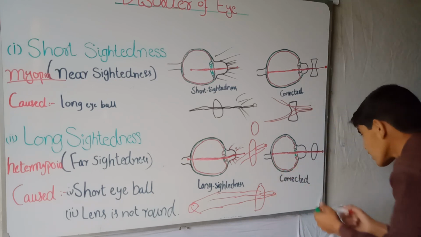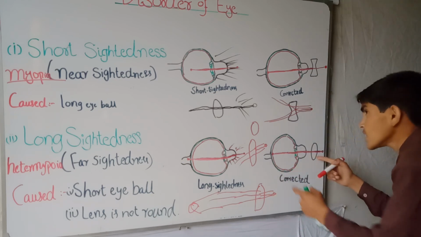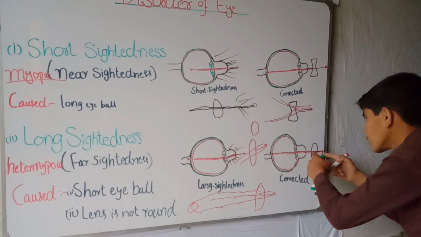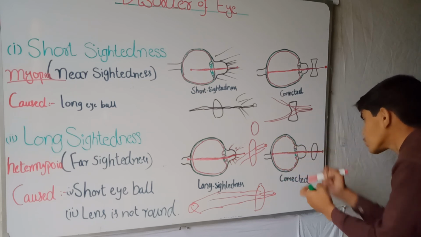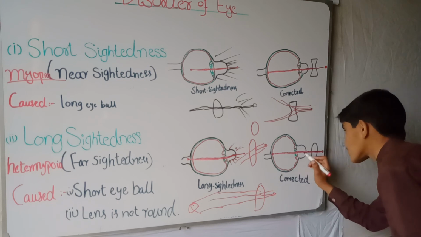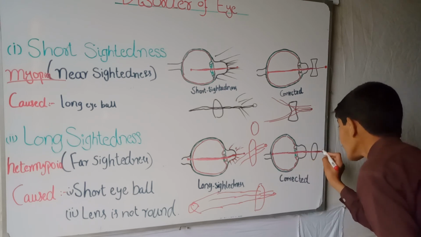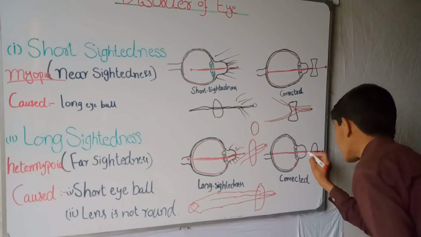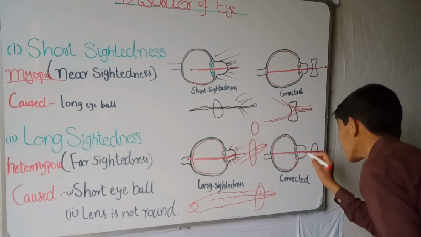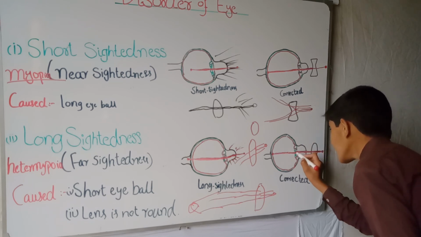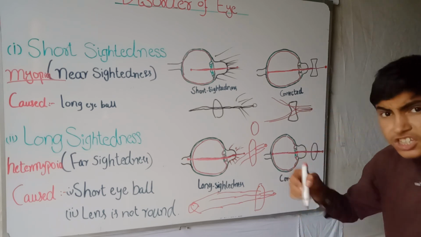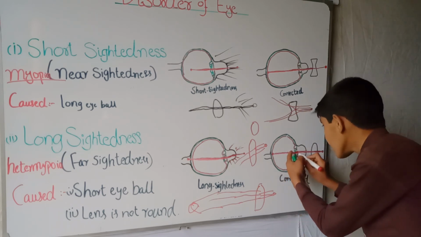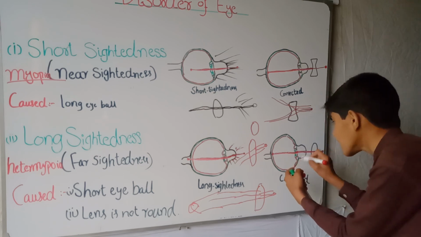The convex lens converges the light rays after passing through it, and then the light rays coming from the outside object are converged by the convex lens present in our eye in less time.